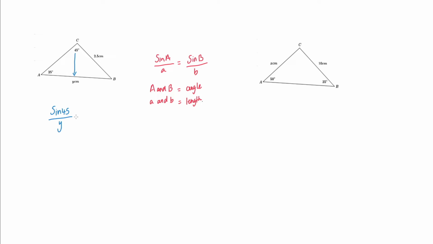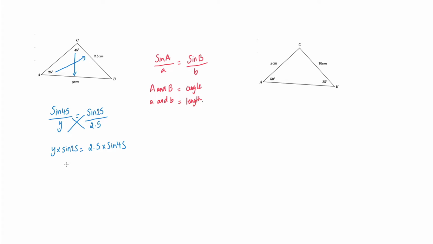So I'm going to do sine 45 over y equals, now my other angle here is sine 25 over the opposite length. The opposite length to 25 is 2.5. You could have written these the other way around; it doesn't matter which order, as long as you understand that the angle is opposite the length. Now all we're going to do is cross multiply. So y times sine 25 equals 2.5 times sine 45.